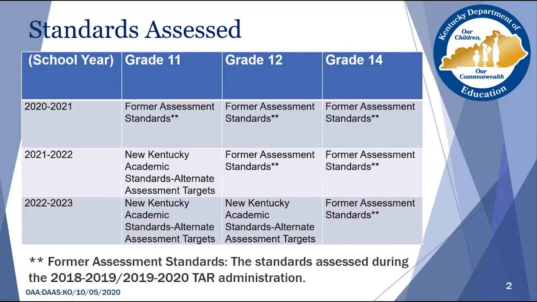Starting in 2021-2022, the grade 11 students will measure the new standards as that is what they will be familiar with. However, for any grade 12 or grade 14 students needing to complete the assessment, they would continue with the former assessment standards. I hope this paints a clearer picture of how the assessment will move forward over the next 3 years.